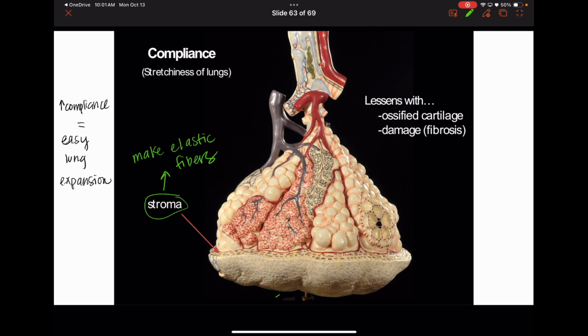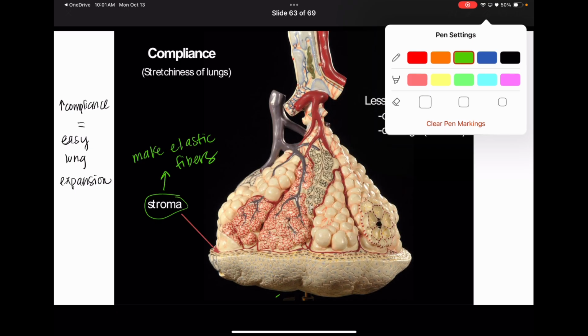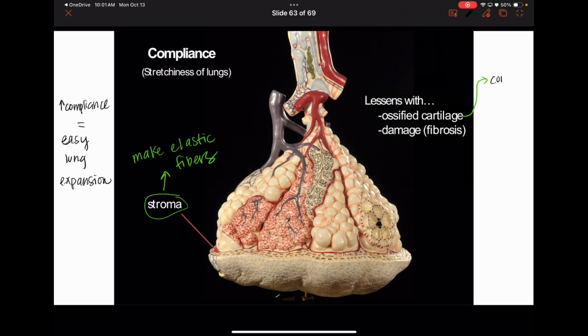So your compliance will lessen with ossified cartilage. So if your cartilage begins to be ossified or start to harden, and this is common with old age. Or you can lessen your compliance or your stretchiness of the lungs through fibrosis.